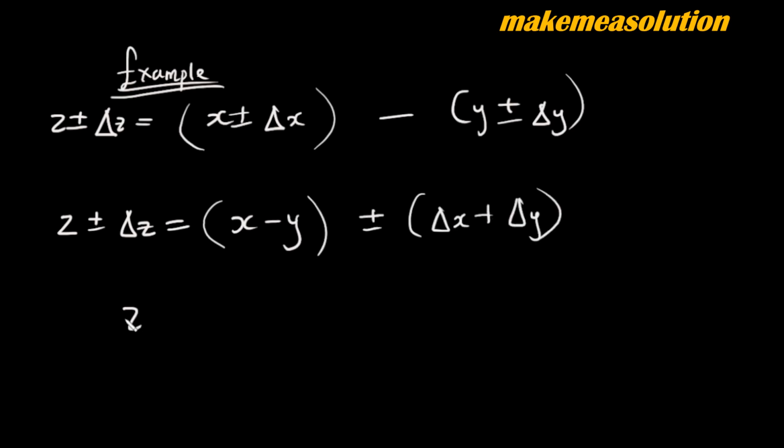So in other words, z itself is x minus y, and the resultant absolute error is delta x plus delta y.